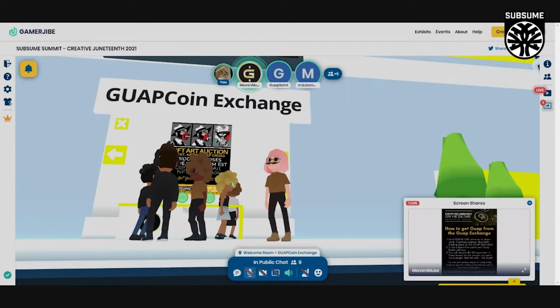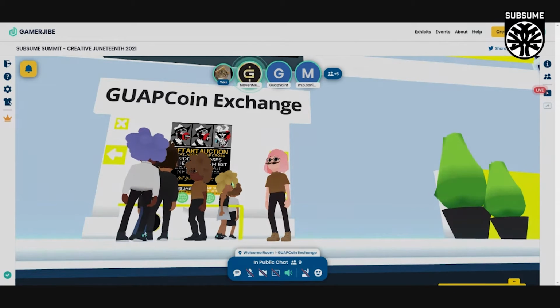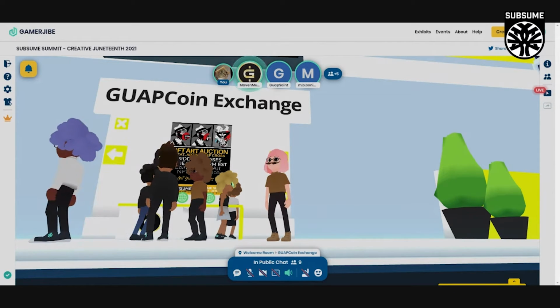Not only is she the founder of Guap, she also creates a lot of the third party apps for Guap. I was looking at the article that I'm about to share with you that says she is also the founder of New, which is a social media platform as well.